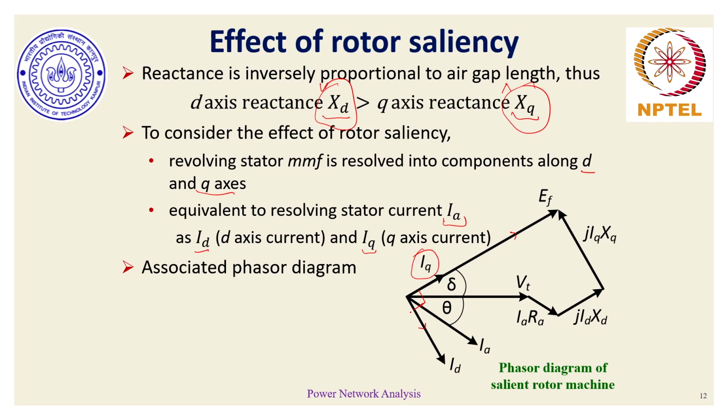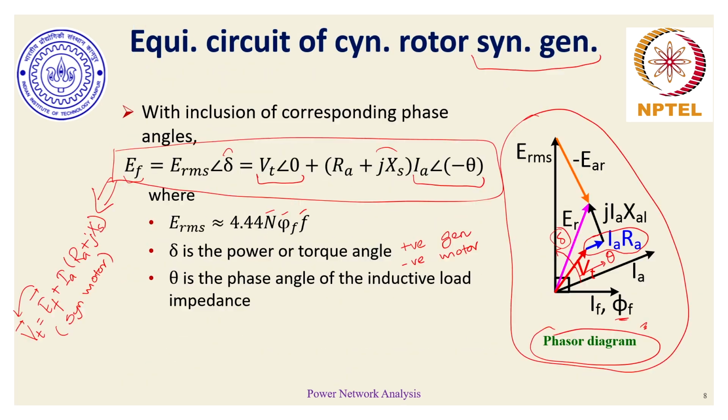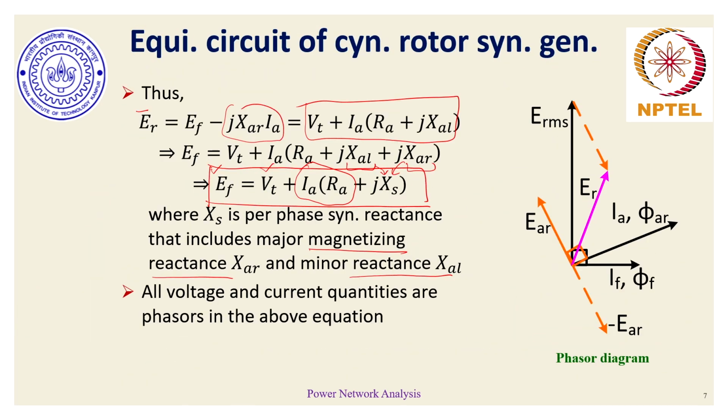Now let's spend some time on why this phasor diagram is applicable for a salient pole machine. In order to understand this, we'll have to go a few slides back. What we saw in this particular phasor diagram is that in a cylindrical pole machine, where the air gap is more or less uniform, and assuming the synchronous reactance is not drastically different compared to a salient pole machine, we have one single armature current leading to the major armature reaction flux, and as a result the corresponding armature reaction voltage is perpendicular, which is this orange line.